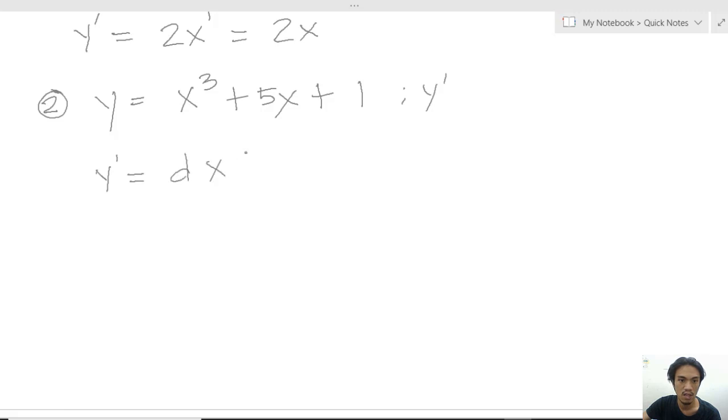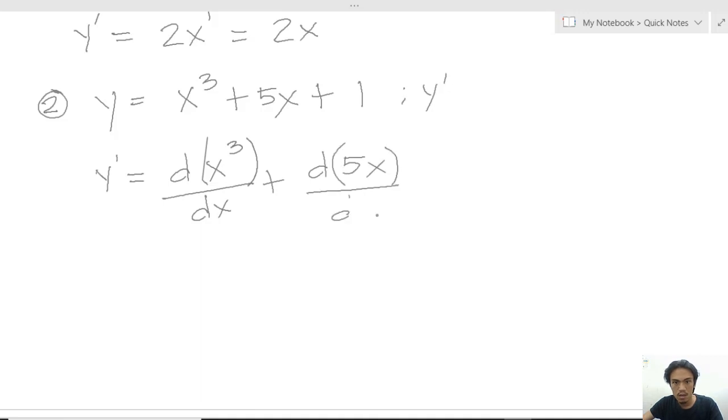the derivative of x raised to 3 with respect to x, plus the derivative of 5x with respect to x, plus the derivative of 1 with respect to, of course, x.